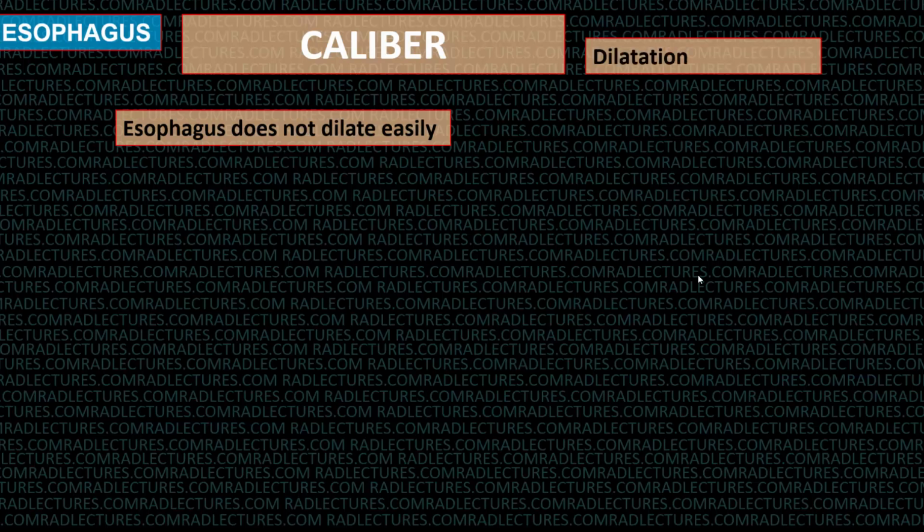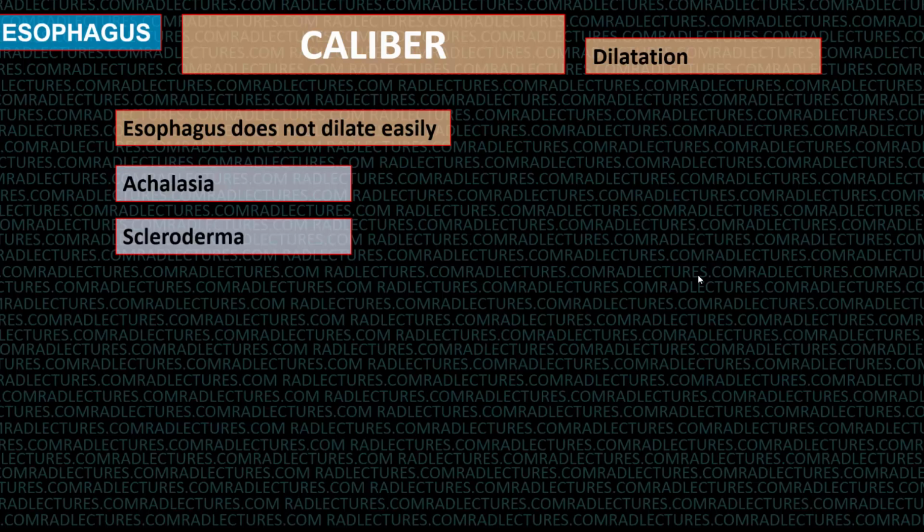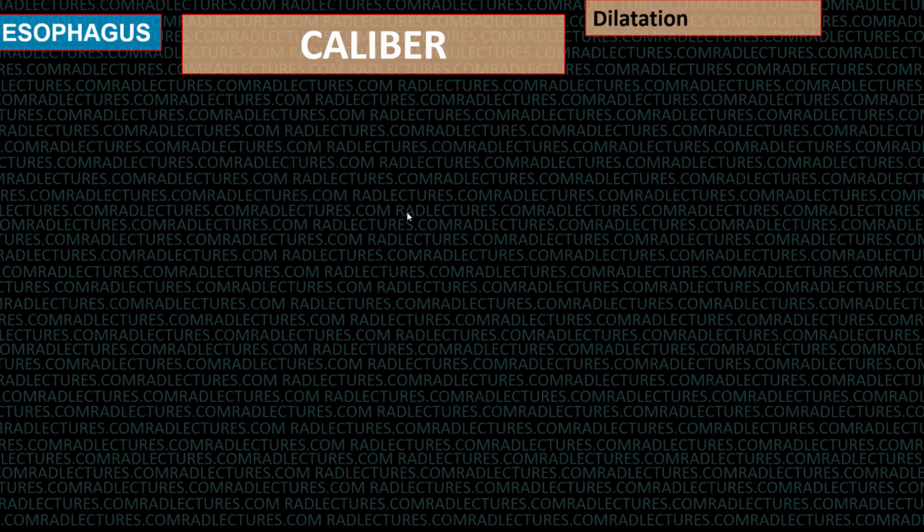Long-standing obstruction occurs in patients with achalasia, and abnormality of the wall occurs in patients with scleroderma. Apart from these two conditions, the esophagus does not dilate significantly with just obstruction. Acute obstruction is not enough to cause dilatation of the esophagus.